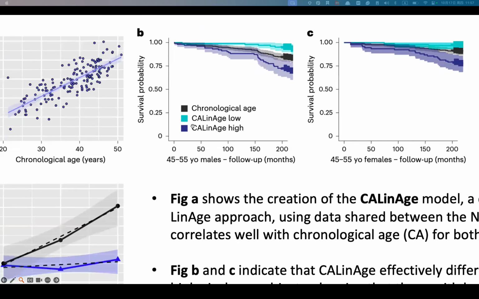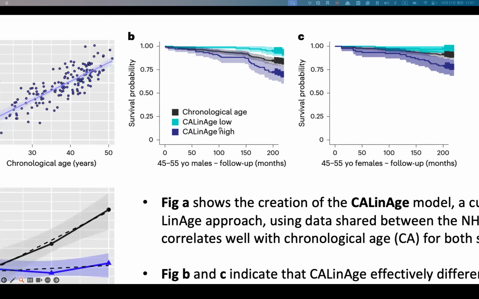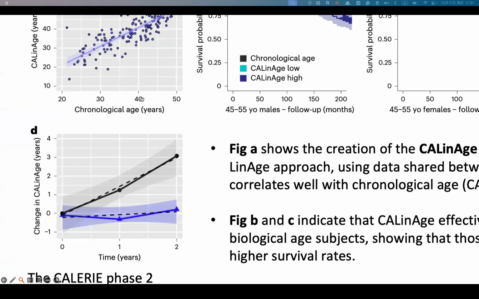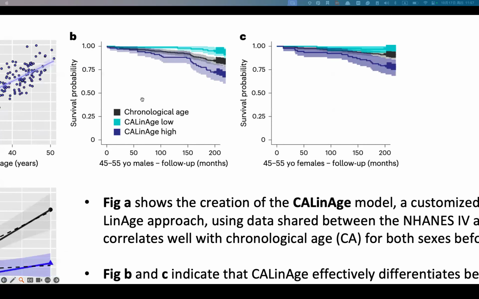You can see that the calorie-restricted group, the people who control their calories, have a high survival probability. That means we do need to diet.